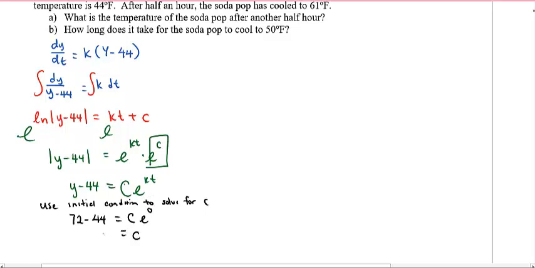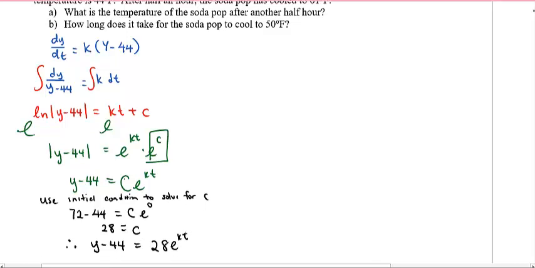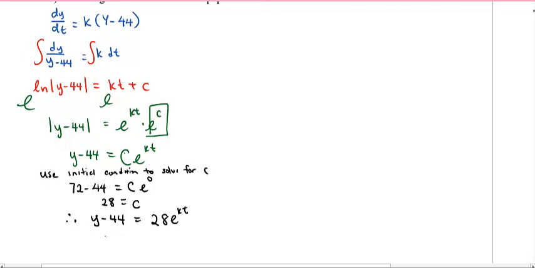So we'll see that C equals 72 minus 44, which is 28. And therefore, our equation now is y minus 44 equals 28 e to the kt.